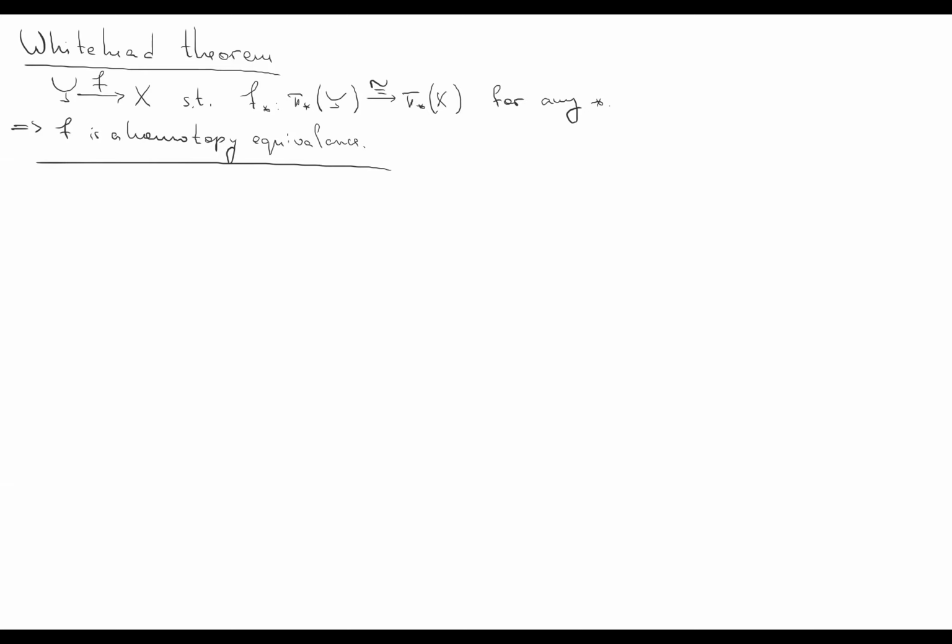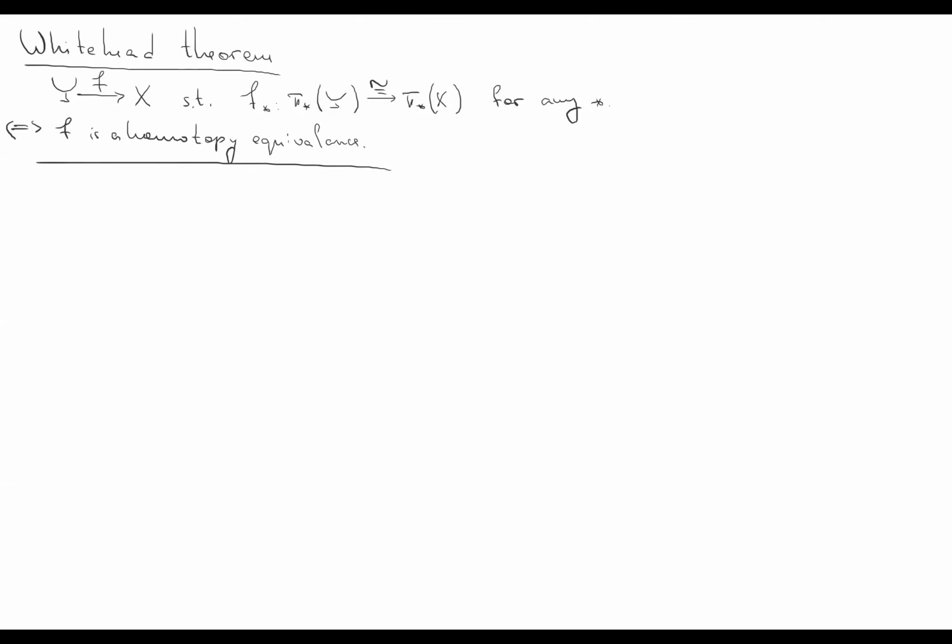How can we do this? So actually, the theorem says we have an if and only if, but one direction is clear. If f is a homotopy equivalence, it induces isomorphisms on homotopy groups. Okay.